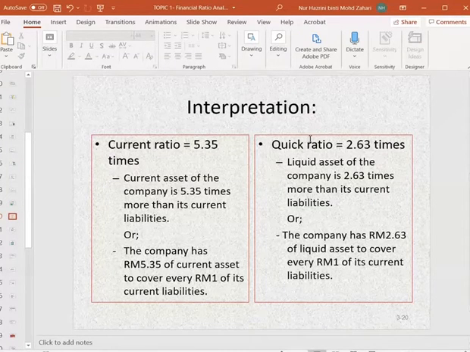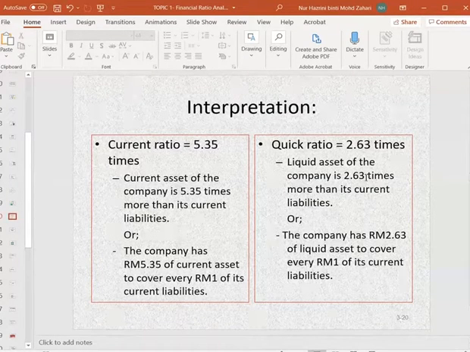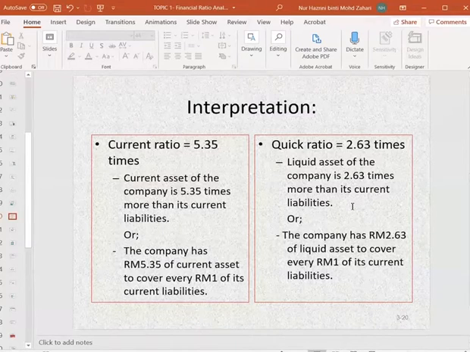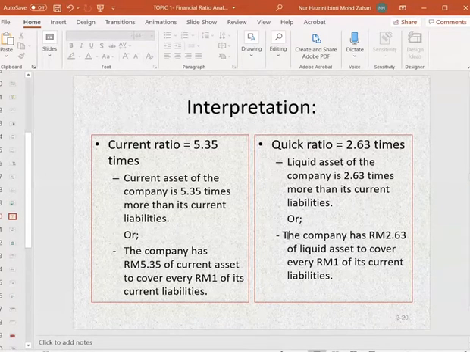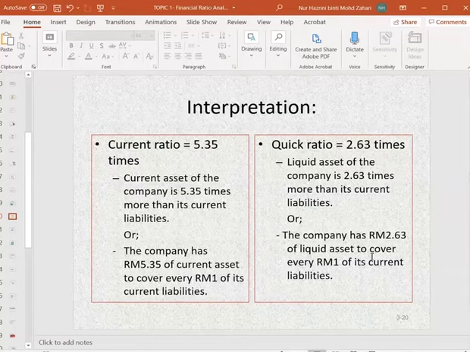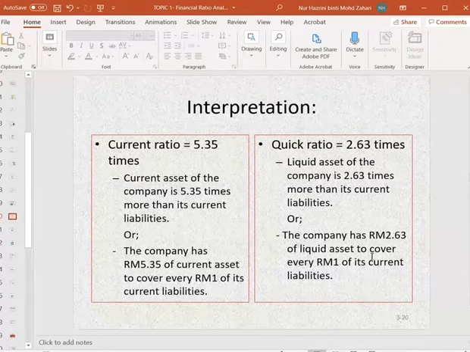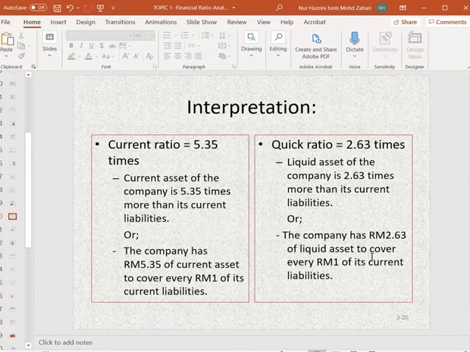For quick ratio, you have 2.63 times. It means the liquid asset of the company is 2.63 times more than its current liability. Or, to make it better, you can also interpret it like this: the company has 2 ringgit and 63 cents of liquid asset to cover every 1 ringgit of current liability. So it means it's still good. Because if your liquid asset or current asset is more than your current liability, it means you are already safe.